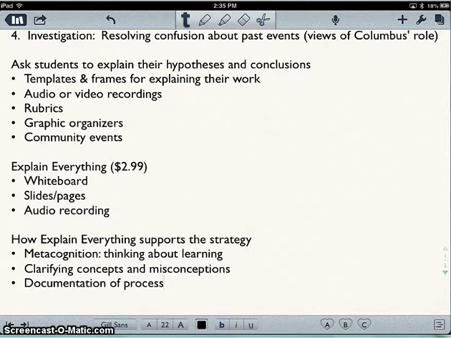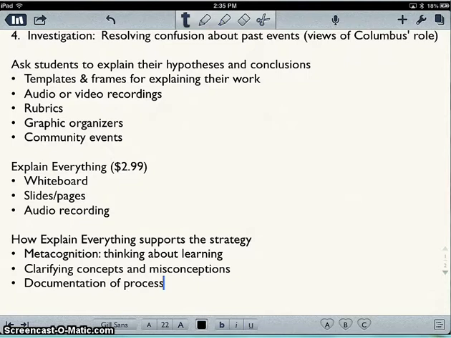Giving them some sort of a presentation or notebook option that might include audio or video. Things like that, and even down to a community event where they might be sharing what they've investigated.